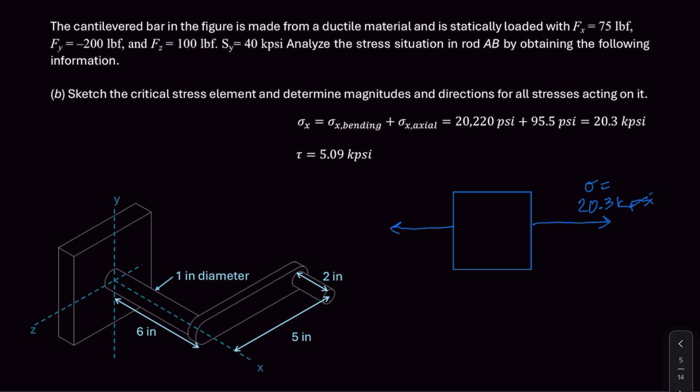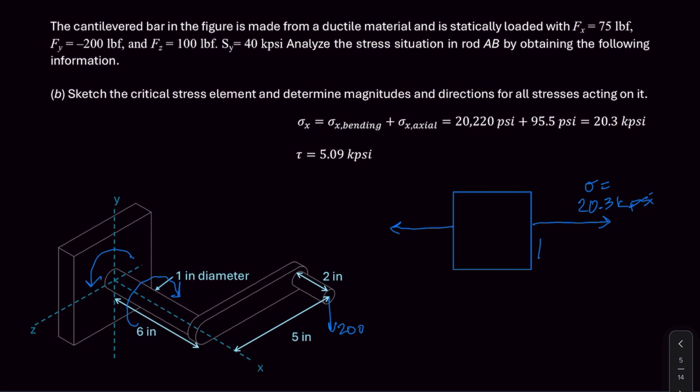Now to figure out the direction, so we had this 200-pound force going in the negative y direction, and so we know that that is causing a rotation this way, and then there is going to be a reaction at the base going the other direction.